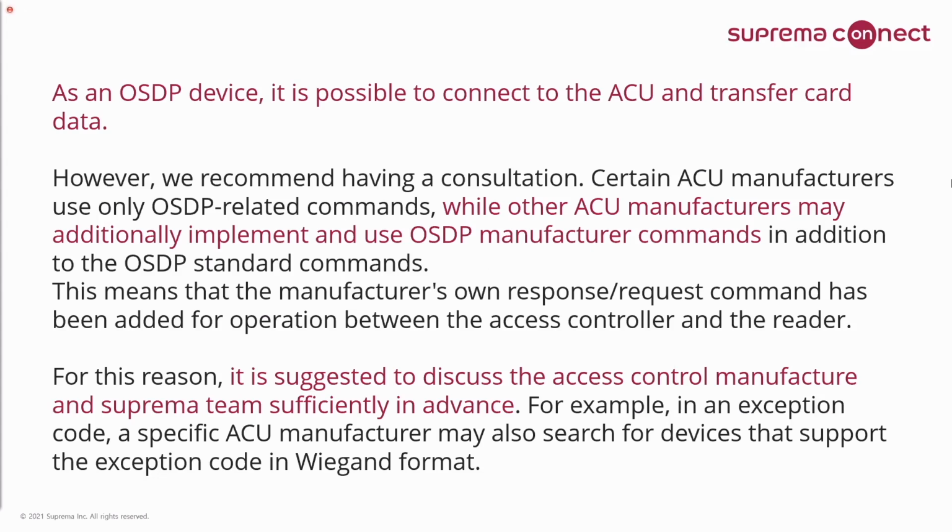As an OSDP device, it is possible to connect to the access control panel and transfer card data. However, some other access control panel manufacturers use some OSDP manufacturer commands in addition to the OSDP standard command. So it is suggested to discuss with the access control panel manufacturer and the Suprema team in advance.